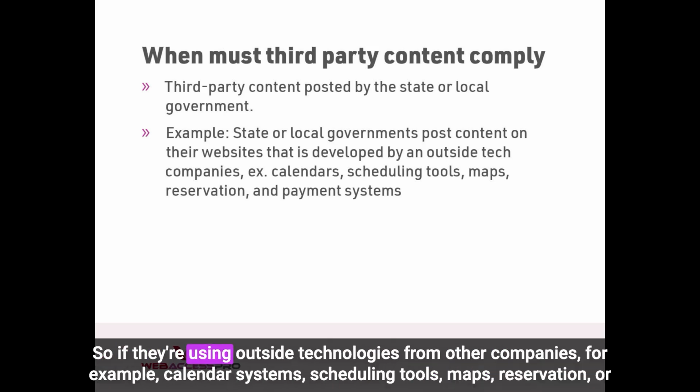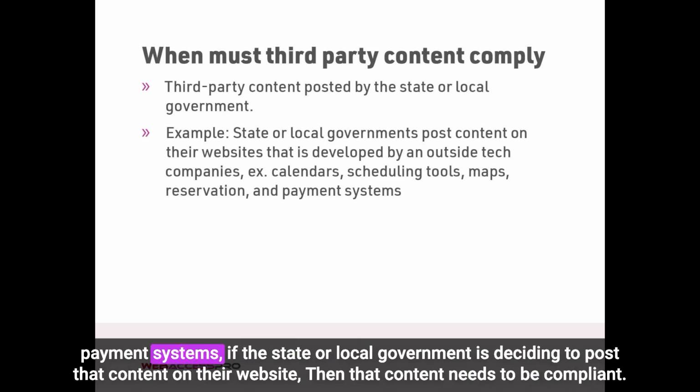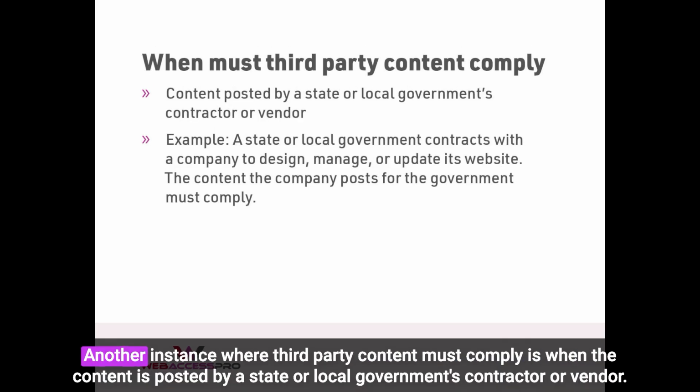So if they're using outside technologies from other companies, for example, calendar systems, scheduling tools, maps, reservation or payment systems, if the state or local government is deciding to post that content on their website, then that content needs to be compliant.